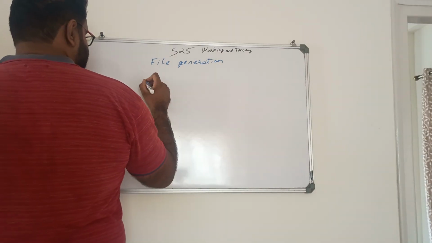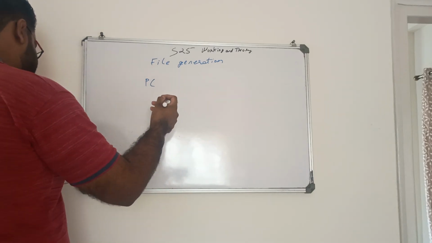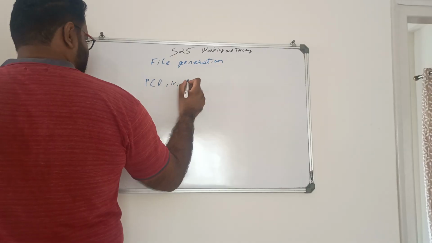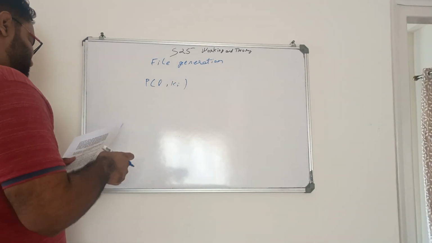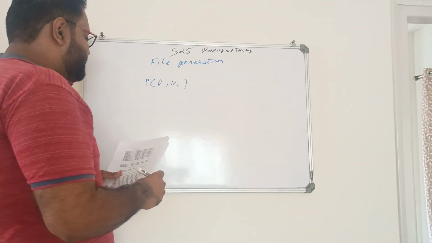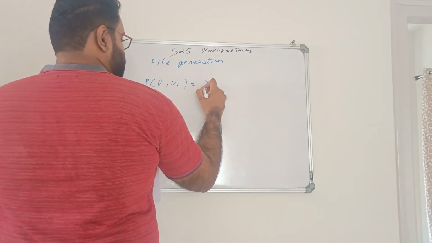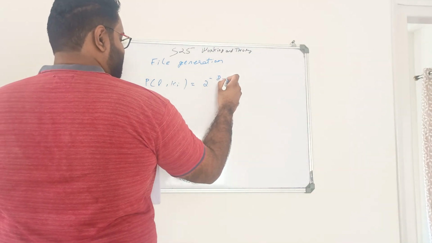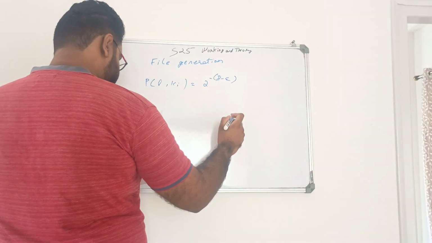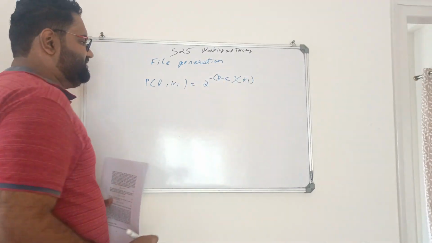So the probability of some message ki being in L, which is some file, is going to be 2 to the power minus 8 minus epsilon, where epsilon is the entropy of the language, times ki, where ki is the message.